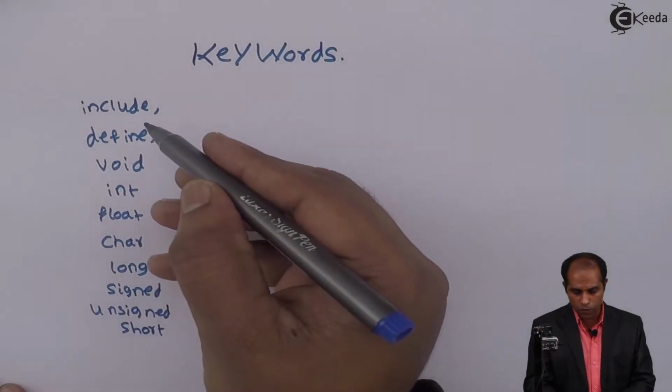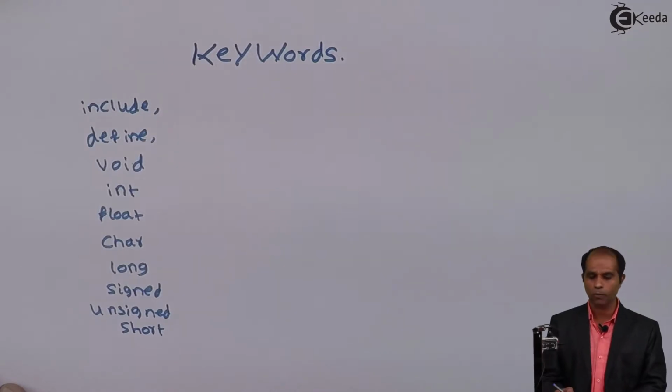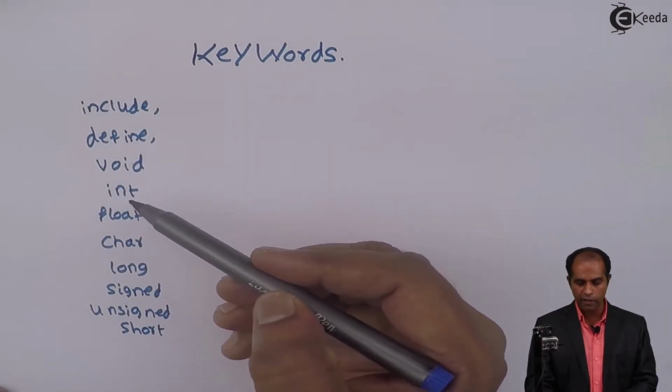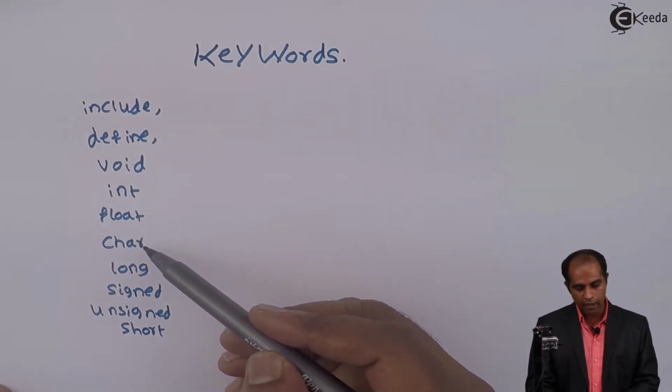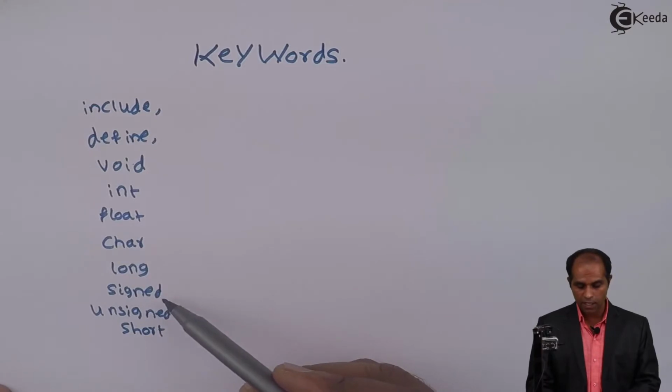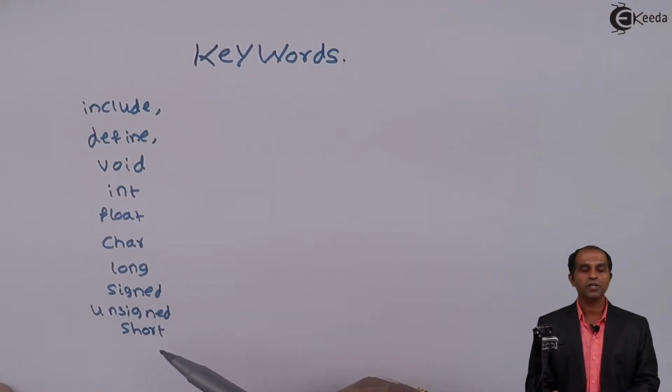These are the keywords which we will see in our initial programming part: include, define, void, int, float, char, or some people spell it as char, long, signed, unsigned, and short.